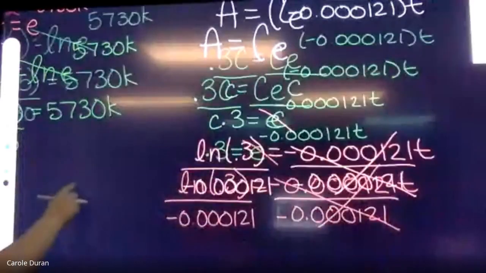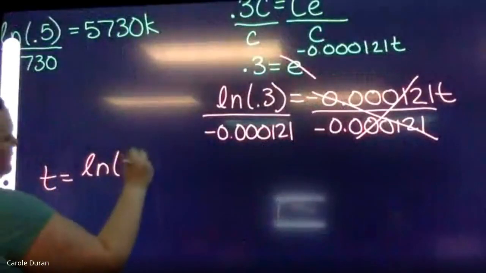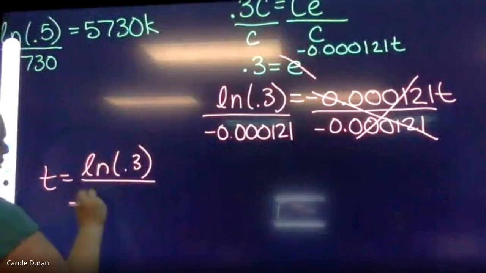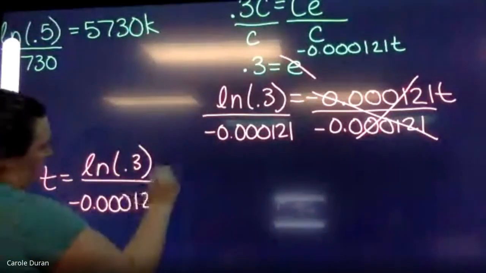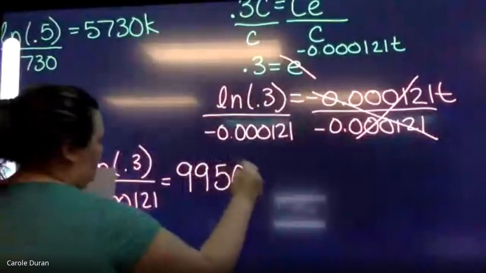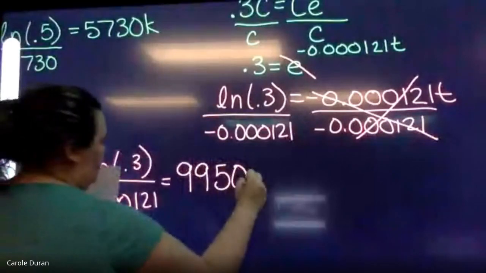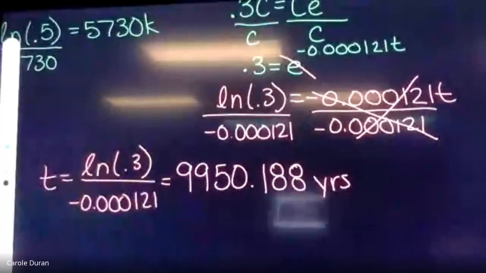So then I get that T is equal to the natural log of 0.3 divided by that decimal. And we get the answer 9,950.188 years. That's what you should get.